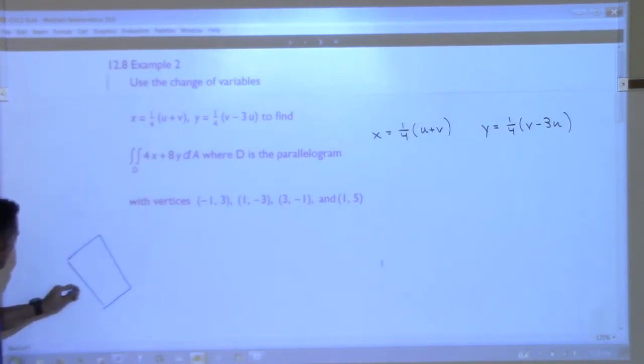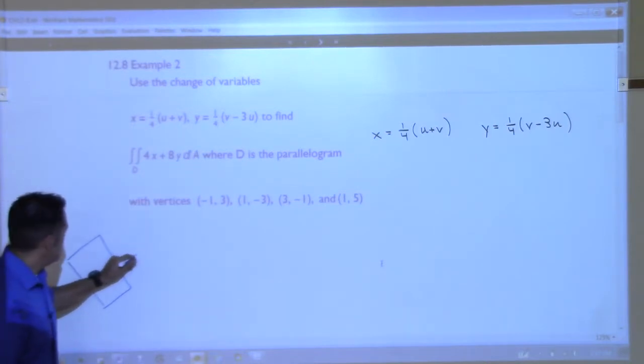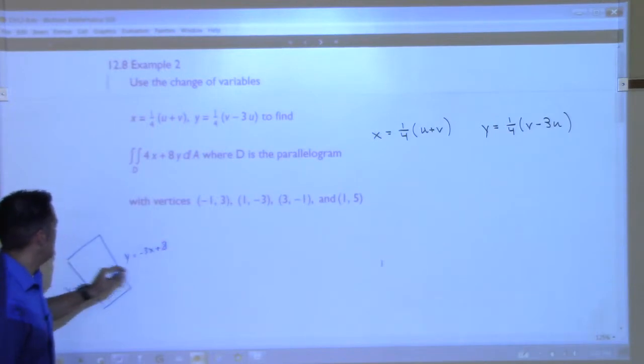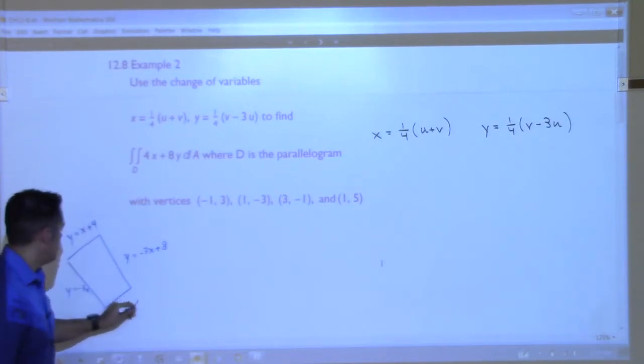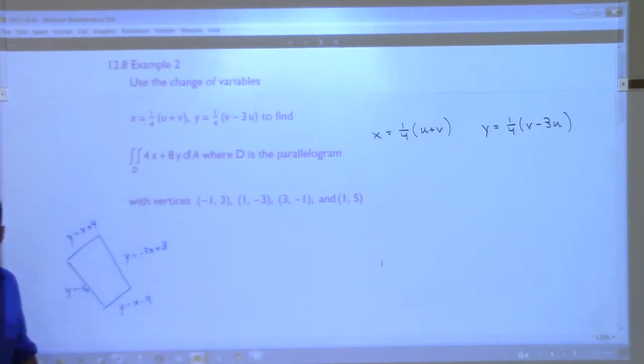Y equals 3x. No, it was negative 3x. This one was y equals negative 3x plus 8, I believe. Y equals x plus 4. Y equals x minus 4. We'd still have to figure that out.